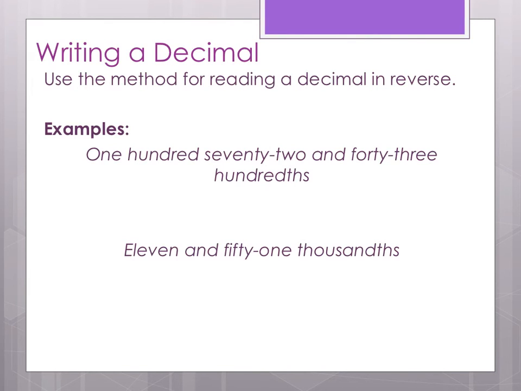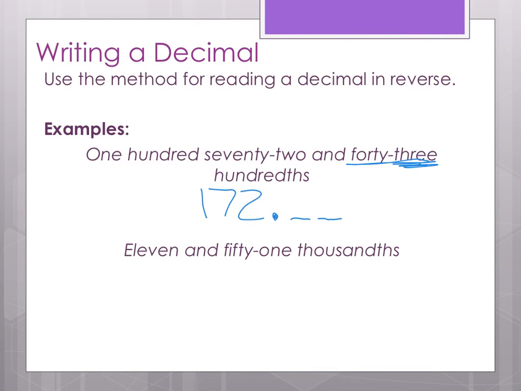So we write the whole number first, that's the part that comes before the word and, 172, and is where our decimal point goes, and then 43 hundredths. The hundredths place is two places past the decimal, so we need to make sure the last number of this, the 3, ends in that place.